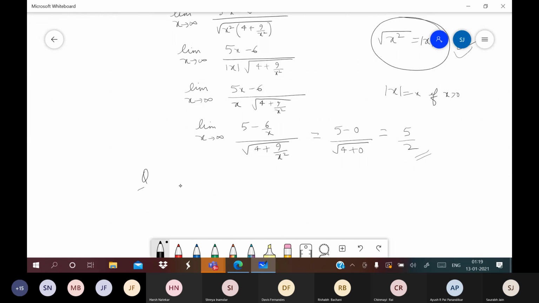Next question. Limit n tending to infinity, 1 plus 2 plus 3 and so on up to n, by n square.